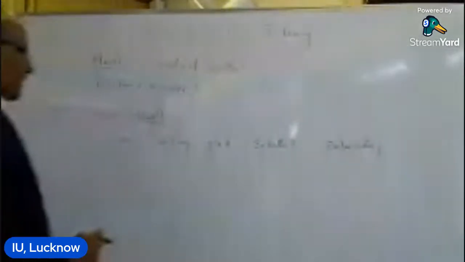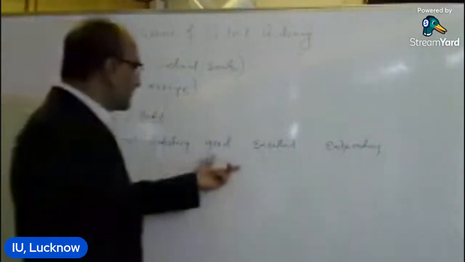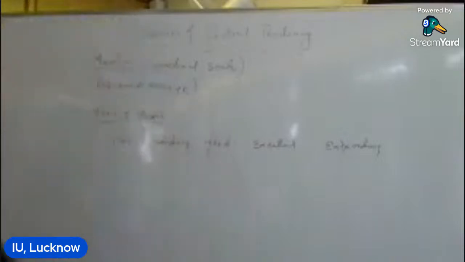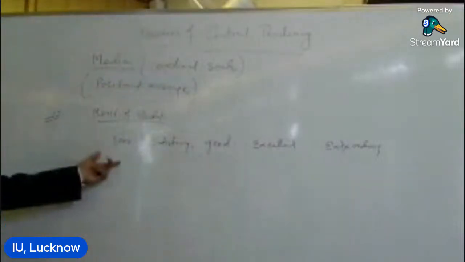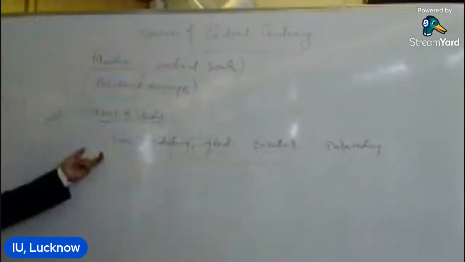Suppose we have classified the merit on the basis of the merit of the student. So this is the arranged observation, and you can say this is the qualitative data.